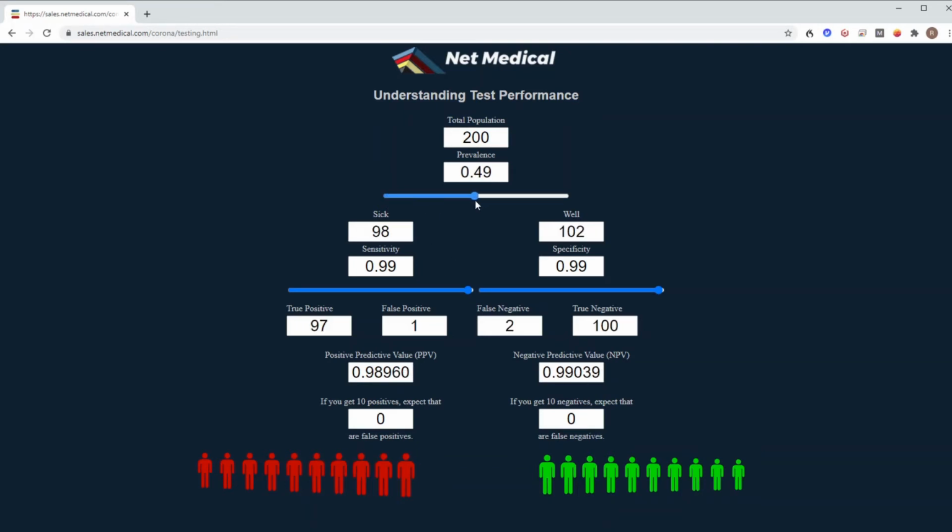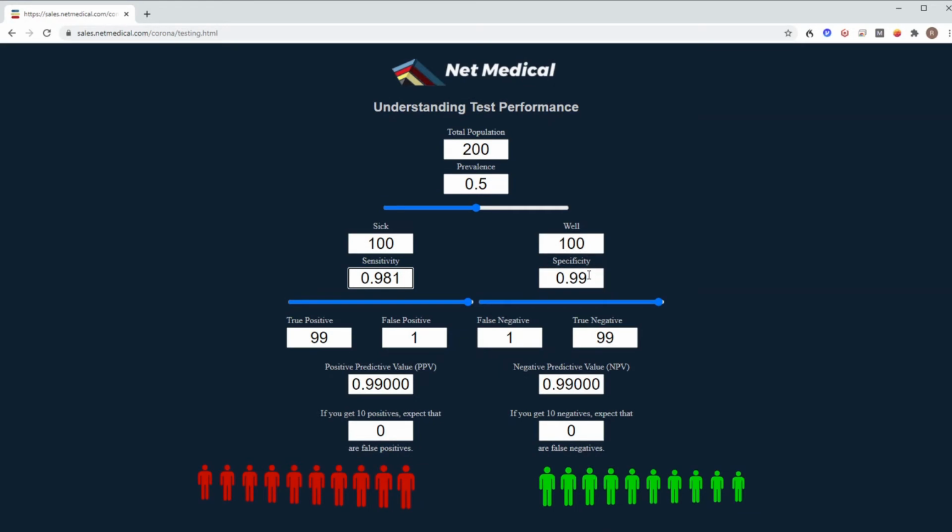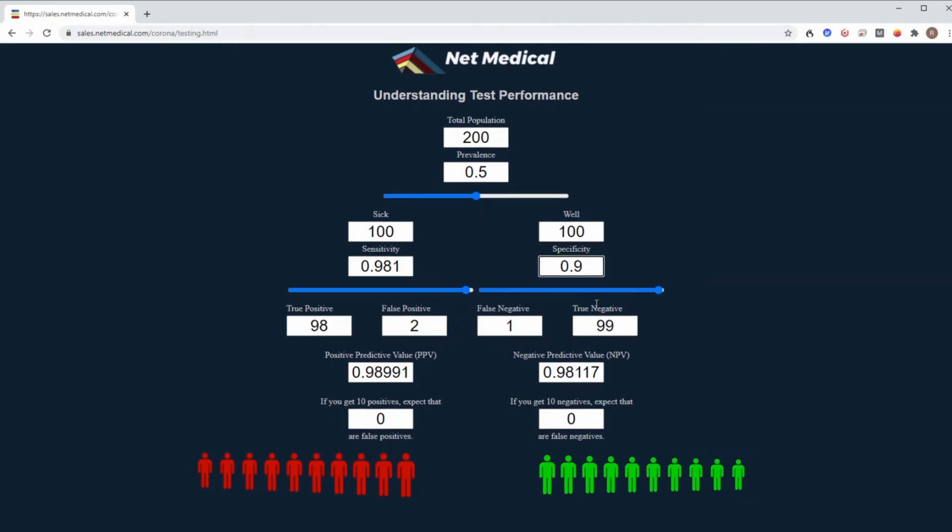I'll put it back in the middle, and I'll plug in some numbers that are familiar to you if you've been dealing with testing in any capacity. I'll put in a sensitivity of 98.1 and a specificity of 97.3, and then I'm going to do the same thing and shrink the prevalence down to roughly 3%. This time at 30%, we begin to see our first false positive, and then as we shrink it down, it grows and grows and grows to the point that we're matching, say, the 3%.